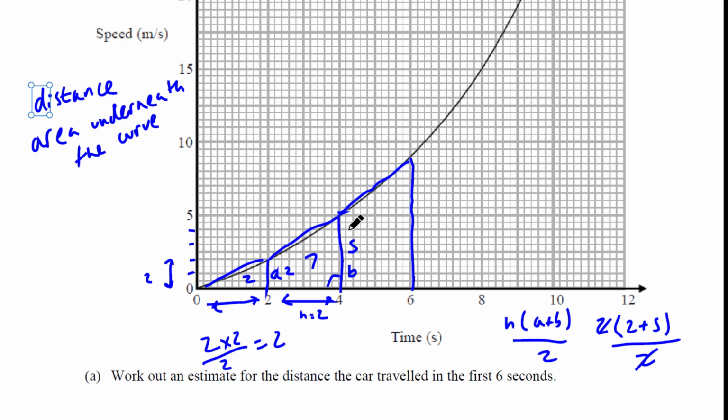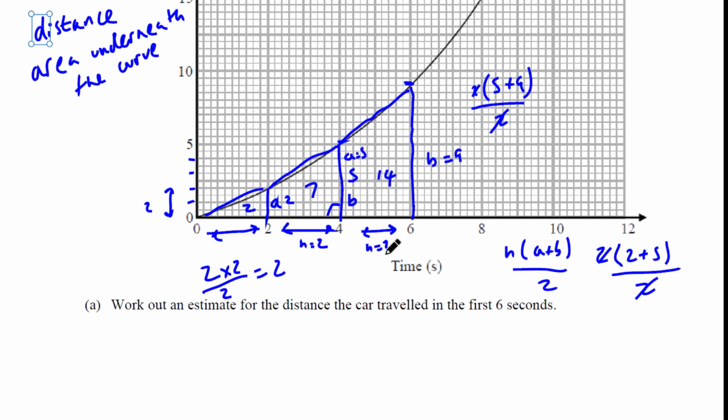This height here, now A equals 5, and now we can see B equals 9, and the height is still 2, so we've got 5 plus 9 times 2 over 2, that cancels, so that trapezium there equals 14.